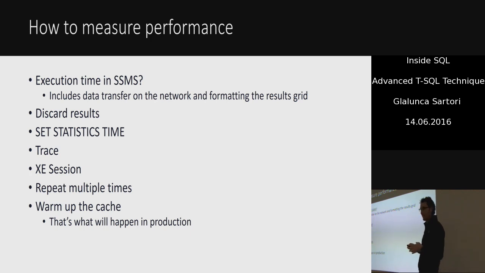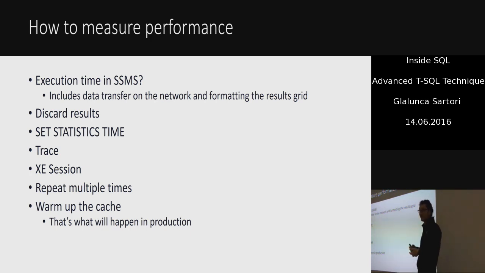Also, one thing that could be worth doing is warming up the cache, because the first time you execute something, you have to pull the data from disk and bring it to memory. And from that moment on, the data will be pulled directly from memory. And it depends on what will happen in production.